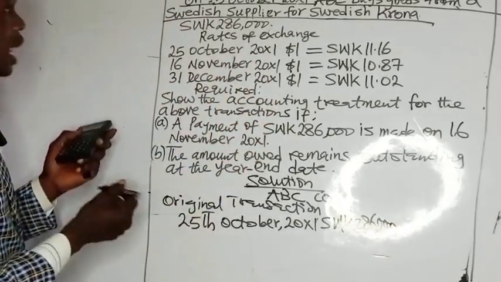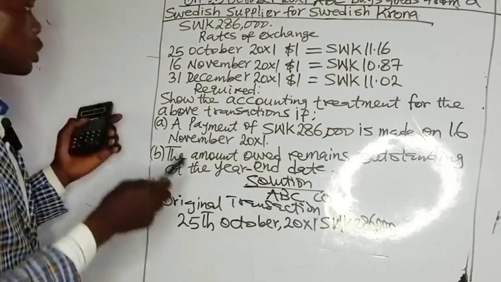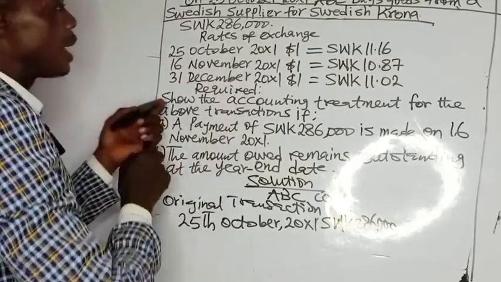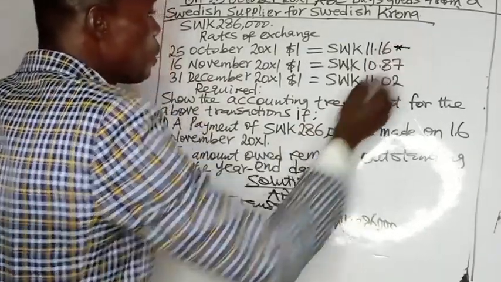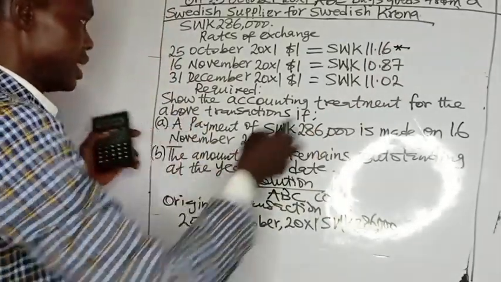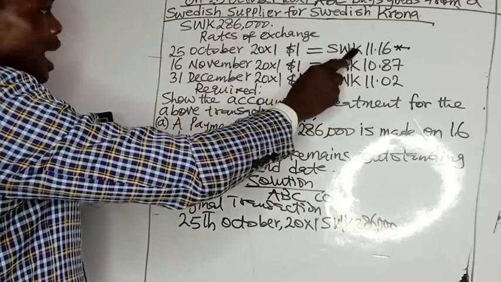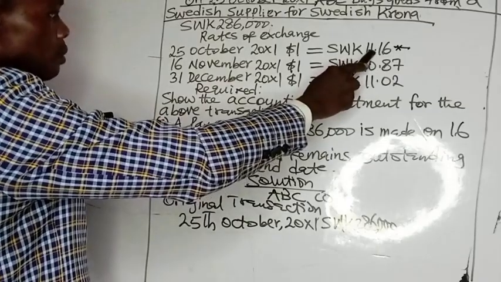As at the date of transaction, what was the exchange rate? The spot rate on the 25th of October 20X1 is 11.16. See, this figure is in krona, and this is also in krona.